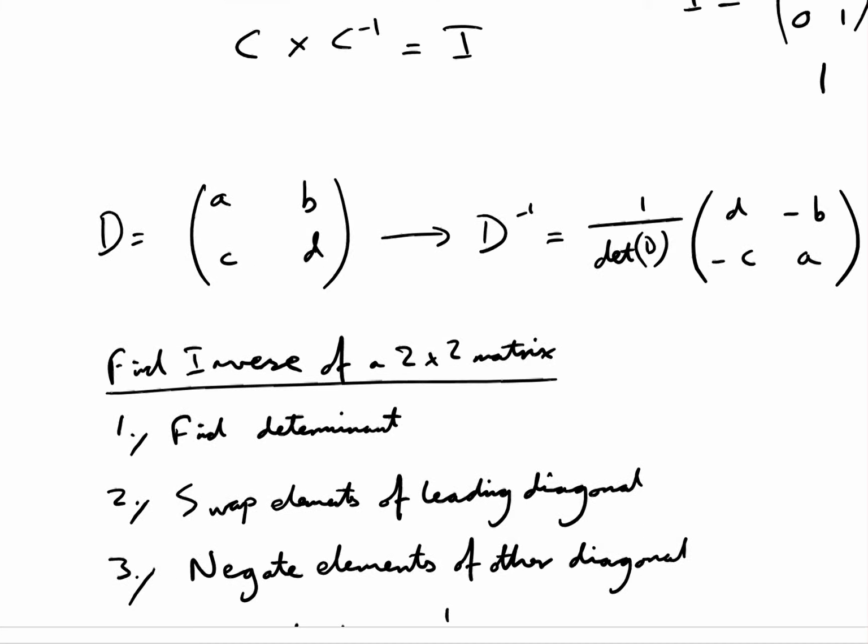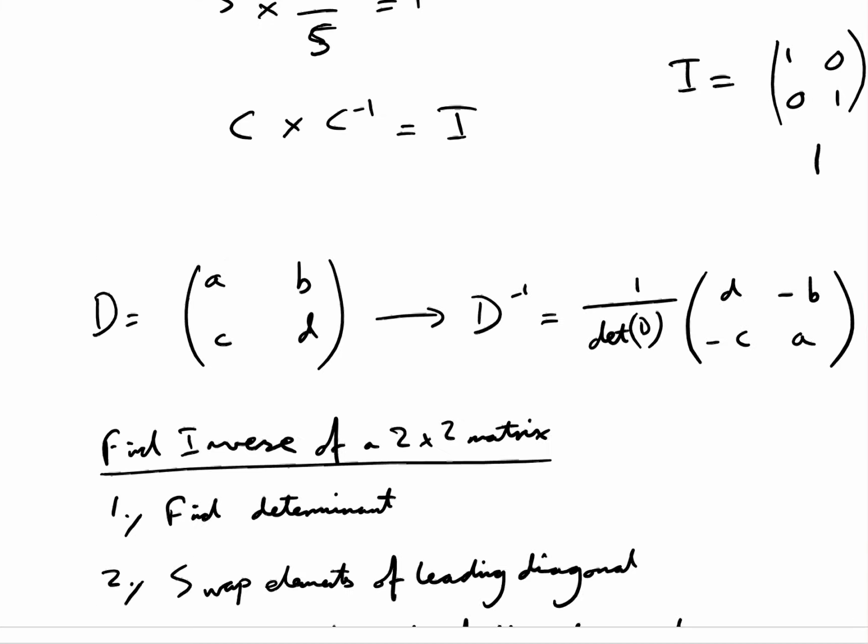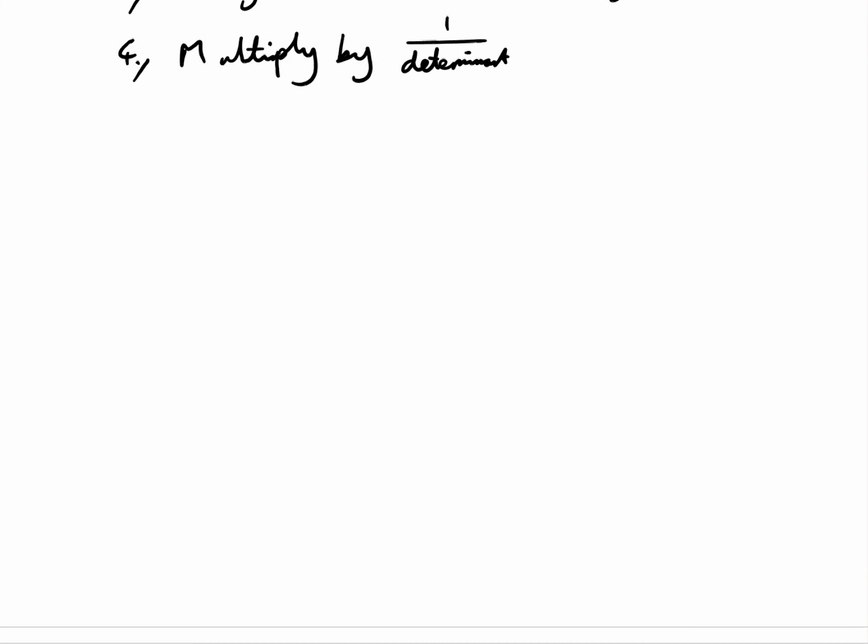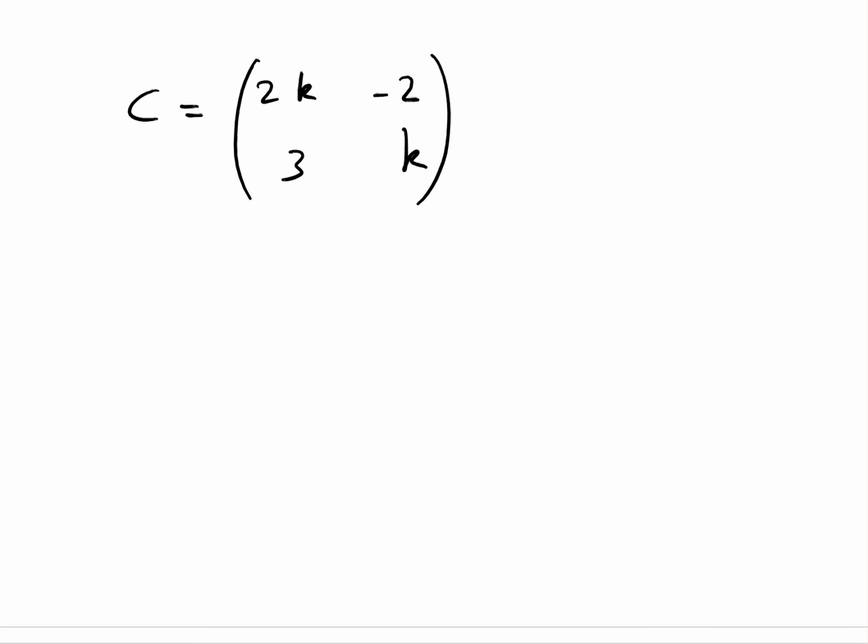So with the case of C, let's write it down here again: 2k, minus 2, 3, and k. First things first, we want to find the determinant of this matrix. So what is the determinant of C? If you remember, the determinant is basically just a cross. That's how I think of it.